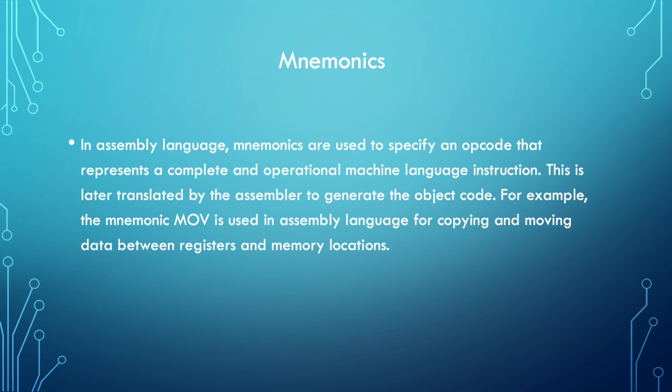Mnemonics are symbolic representations of machine opcodes. For example, MOV represents a data transfer operation, which the assembler later converts into binary.